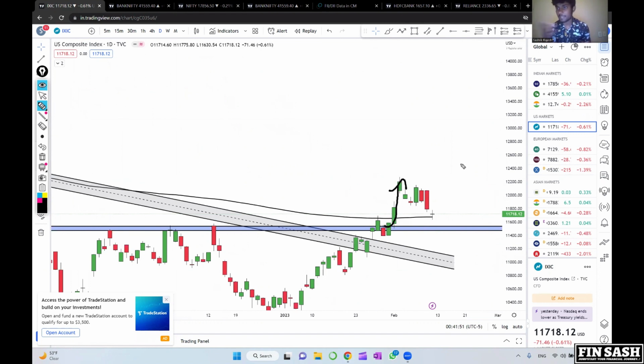But like I mentioned in my previous market analysis video, there should be some kind of pullback for the US market because there's been three continuous green candles. So at this level, sellers started dominating, and the US market is now at its 200 moving average with a doji kind of candle or a lower rejection candle.